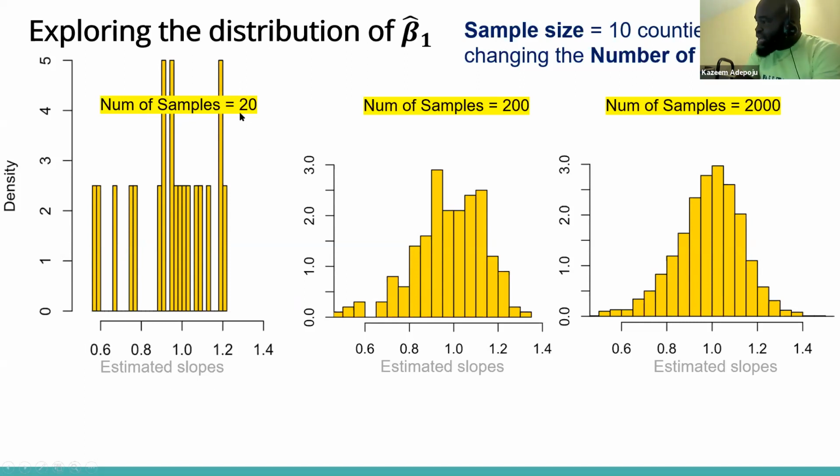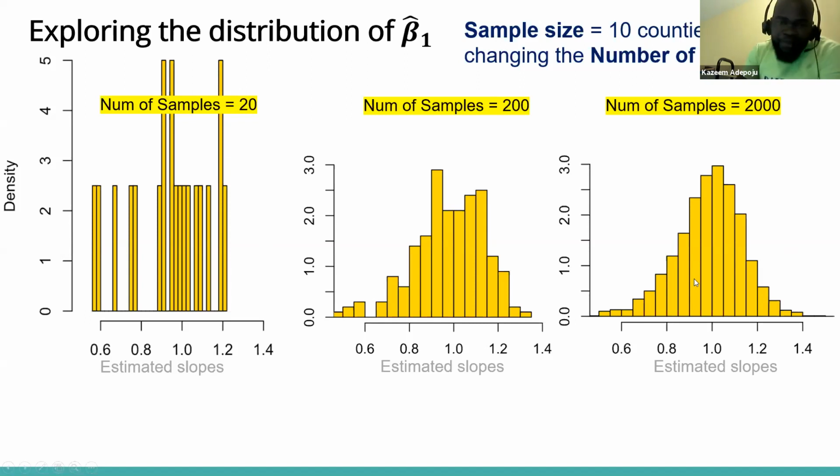What I mean here is the number of times I go into that population. When I go 20 times, I'm going to have 20 values for beta 1. When I plot that, this is the distribution. When I go 200 times, I'm going to have 200 values for beta 1. Look at the shape. When I go 2,000 times, look at the shape.